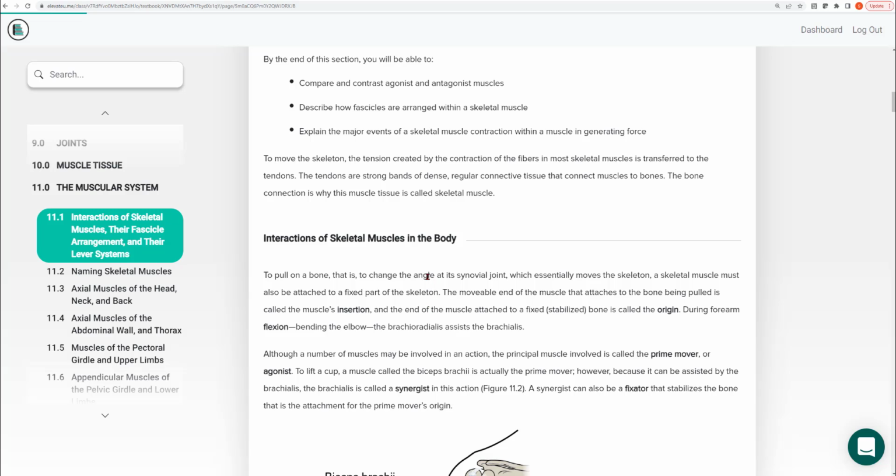And that is your skeletal muscles. Now this chapter is about skeletal muscles. Skeletal muscles attach, most of them, not all of them, attach to bones. And where those muscles attach to bones, those are predictable places, right?